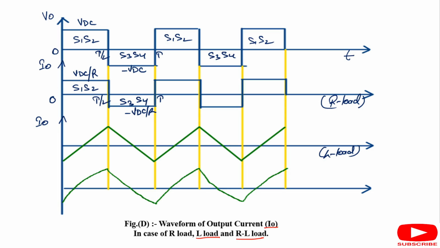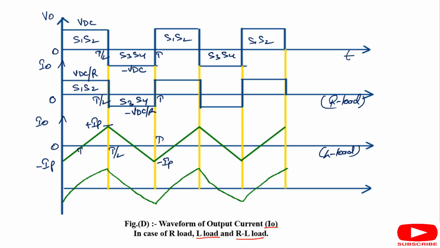Why do we assume the current is symmetric about the T axis? Because at output the DC component is 0. That's why for time period 0 to T by 2, the current linearly increases from negative peak current to positive peak current, and for another half period of time the current linearly decreases from positive peak current to negative peak current.